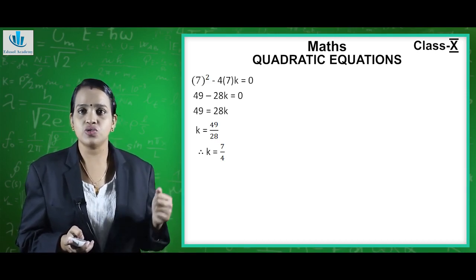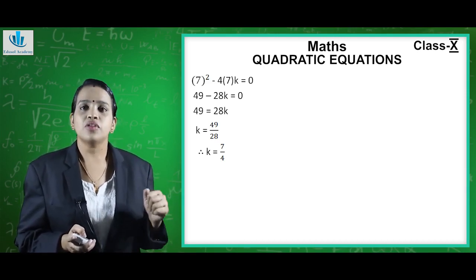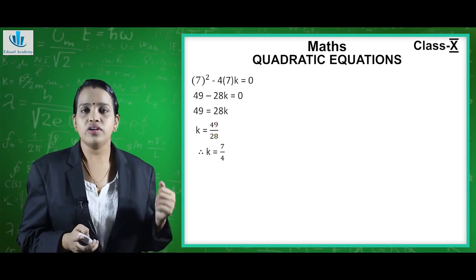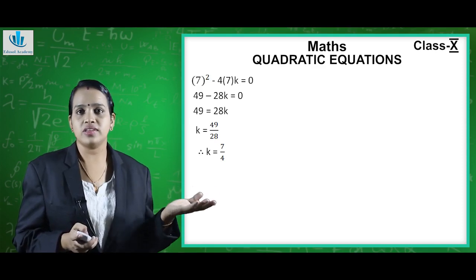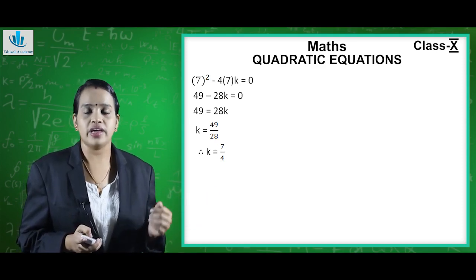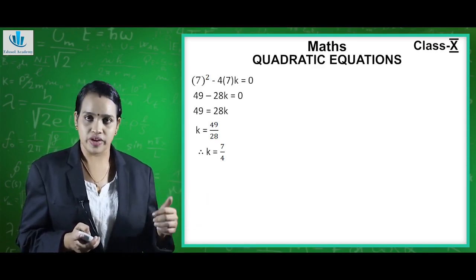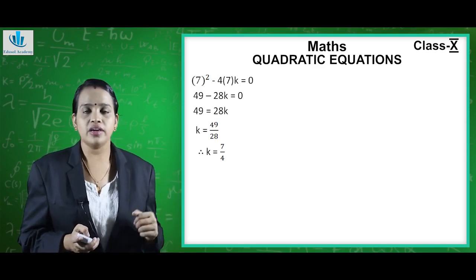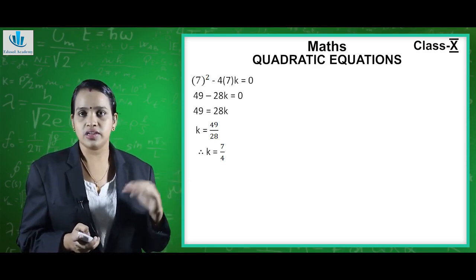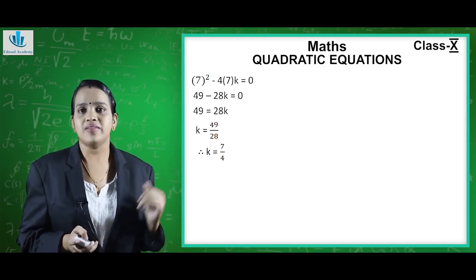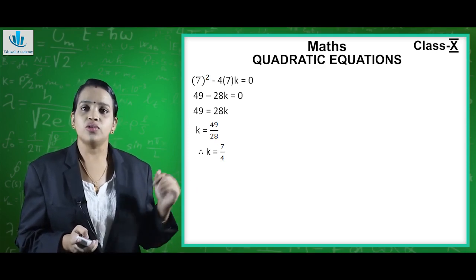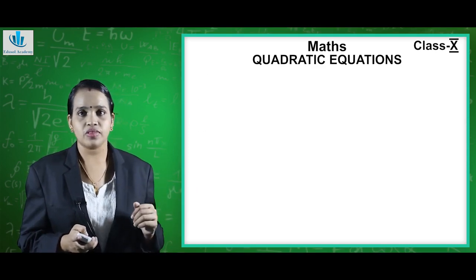So 7² becomes 49, minus 4 into 7 gives 28k, which is equal to 0. Now when we take 28k on the other side it becomes +28k. So 49 is equal to 28k. Now we can divide it. So k is equal to 49 upon 28, which is k = 7/4.